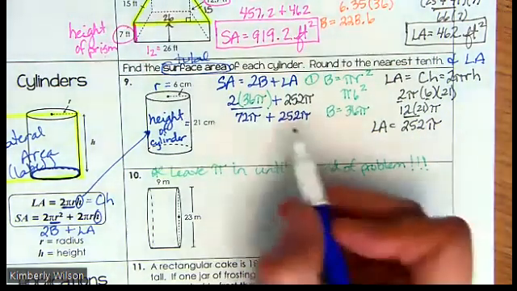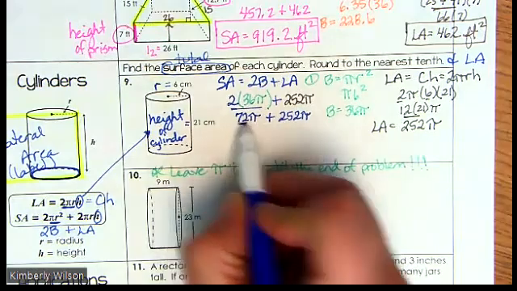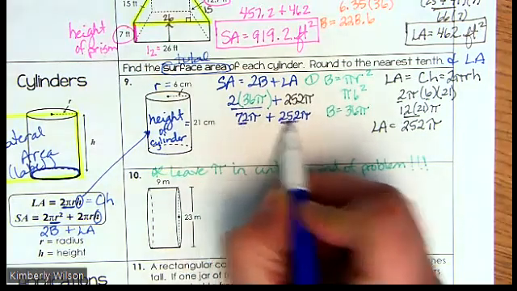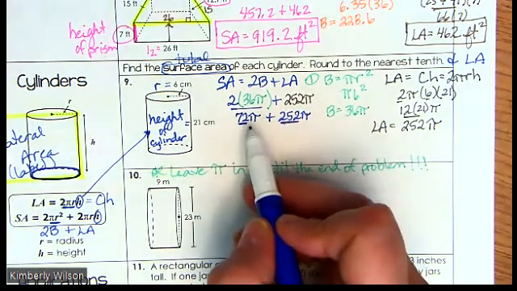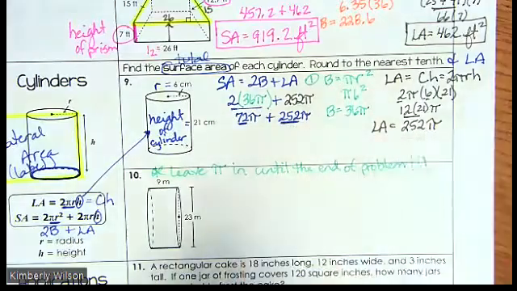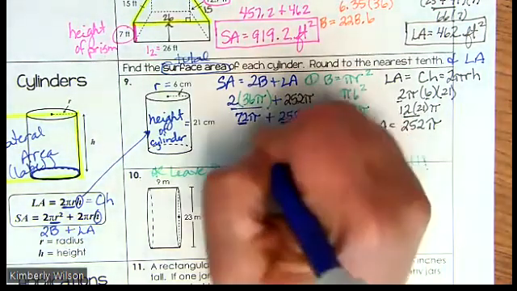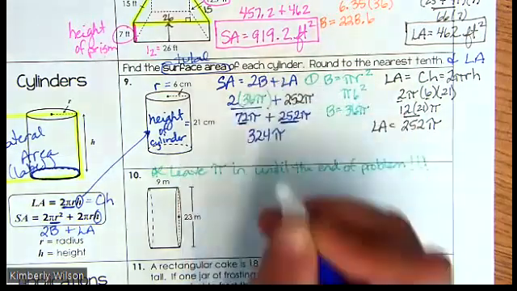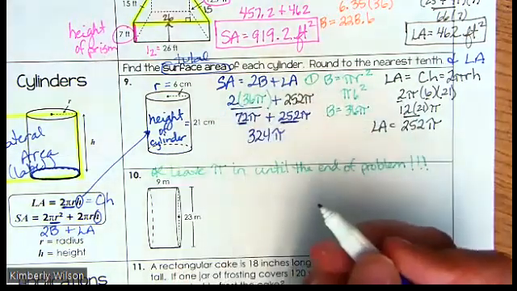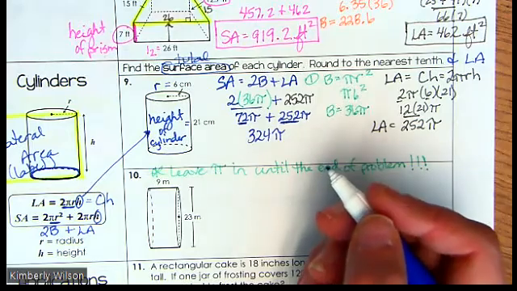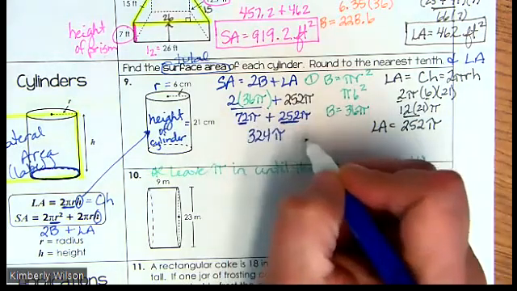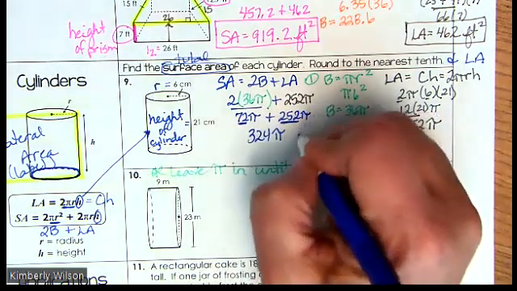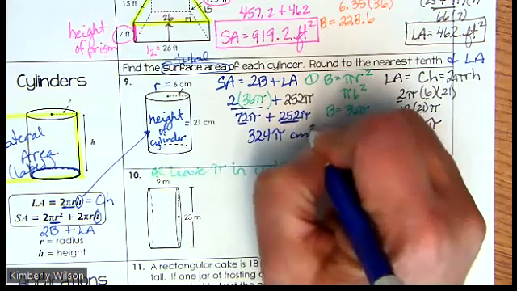Now I add, these are both like terms, so I'm going to add my coefficients. This is like if it said 72x plus 252x. So I add the coefficients, which gives me 324 pi. The reason for this is sometimes it asks you to leave it in terms of pi. So this would be the surface area in terms of pi, and then you would say centimeters squared.